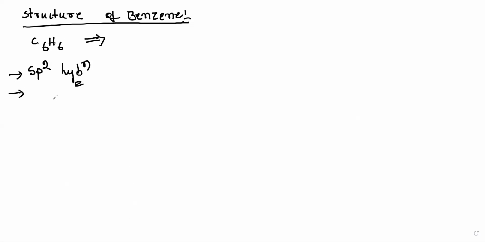sp2 means what here? Producing 3 sp2 hybrid orbitals. We know this molecule, this is the benzene molecule. Then we said this is a pi bond, this is a pi bond, this is a pi bond. All carbons are involved in sp2. Suppose this one carbon produces 3 sp2 hybrid orbitals.